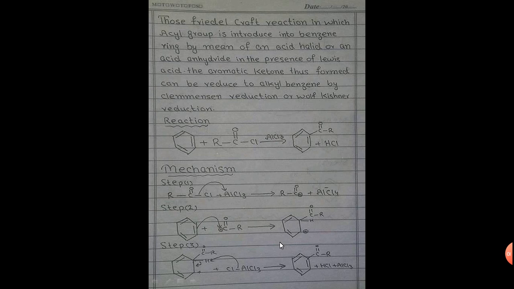Next, the aluminum tetrachloride will act as a base because it has a net negative charge, since the chlorine was taken from the acyl chloride. That chlorine will act as the base and abstract this hydrogen, just like it did for the alkylation, so that we reform the double bond between here.